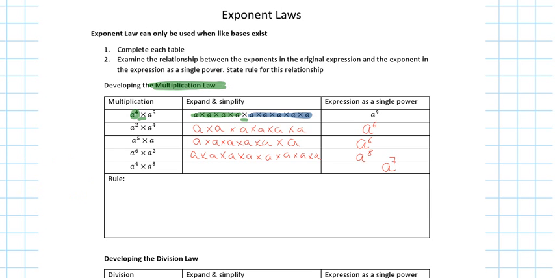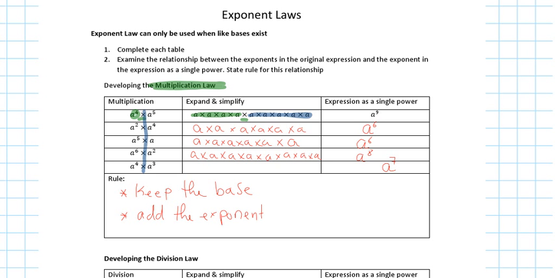All right. So the rule says if we have multiplication, we're going to keep the base, and then we're going to add the exponents. Give me a base.